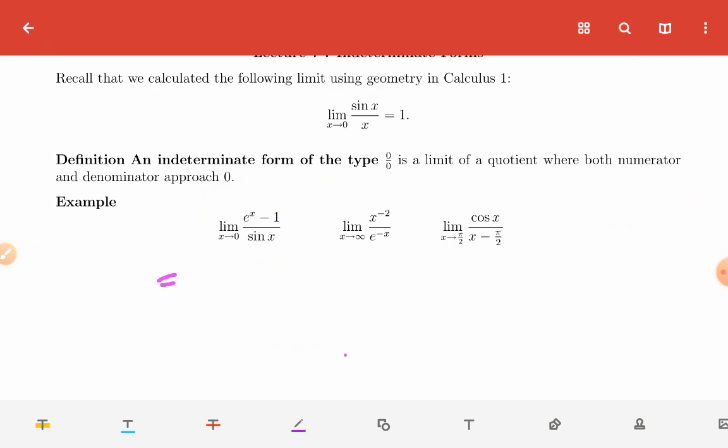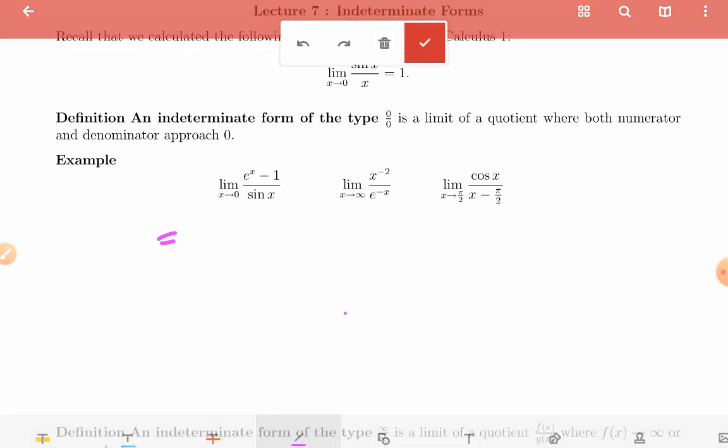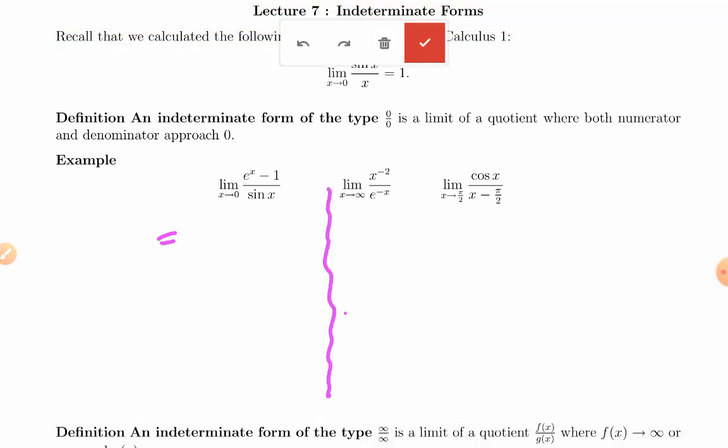Example number 1. What's the limit as x approaches 0 of e to the power of x minus 1 over sine x? Direct substitution, e to the power of 0, which is 1, minus 1, and this all over sine 0, which is 0. So my final answer here is 0 over 0, which is an indeterminate form.